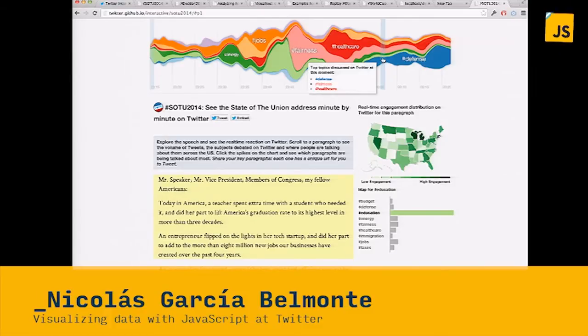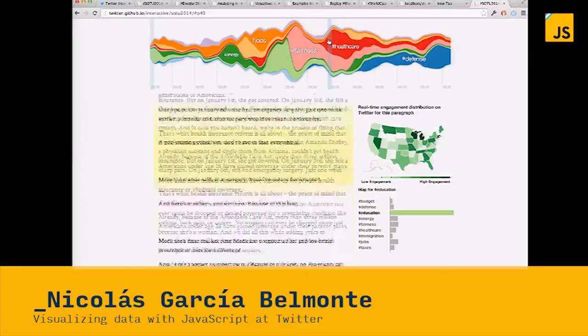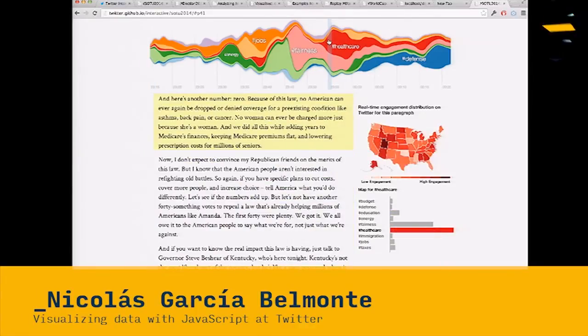If I enter the page and I don't really care much about reading 40 pages of a transcript for a speech, maybe I care about what the president said about healthcare, and so I can just click there, and this takes me exactly to the time of what the president was saying when these tweets occurred.